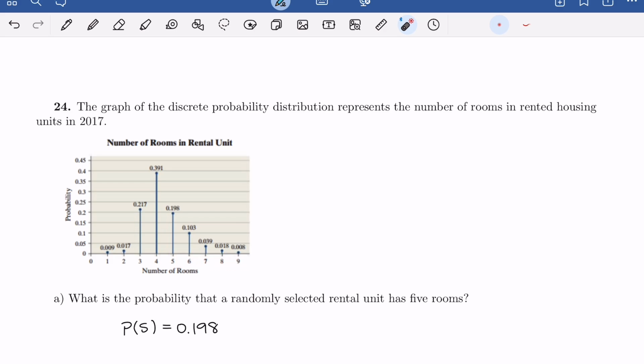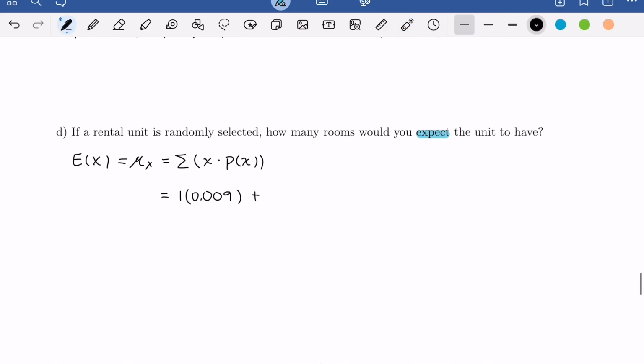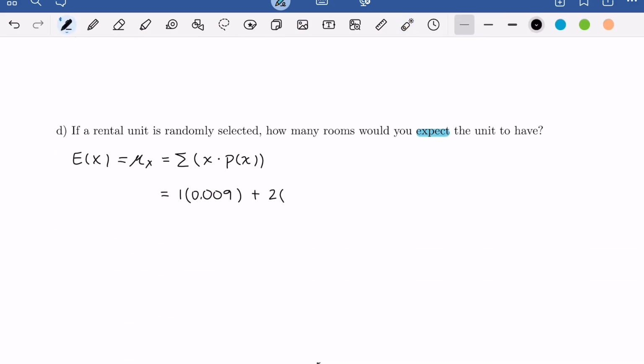And we're going to repeat this for all 9 rooms, all the way up to our last number of rooms, which has a probability of 0.008. So this is going to give us 4.355. So we would expect the unit to have about, rounding up, 4.4 rooms on average.